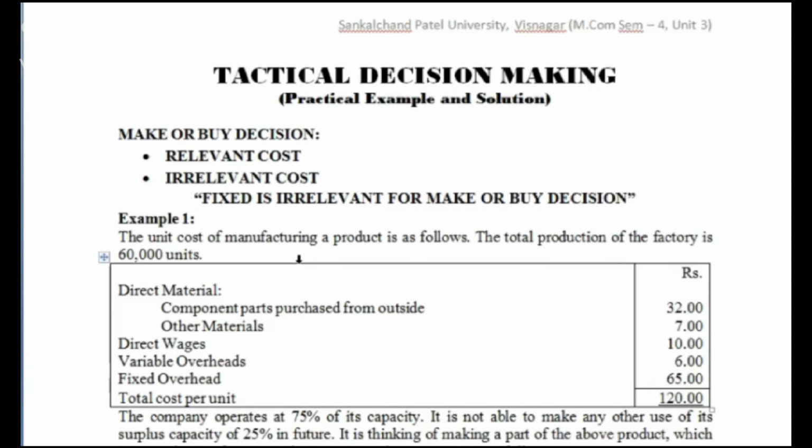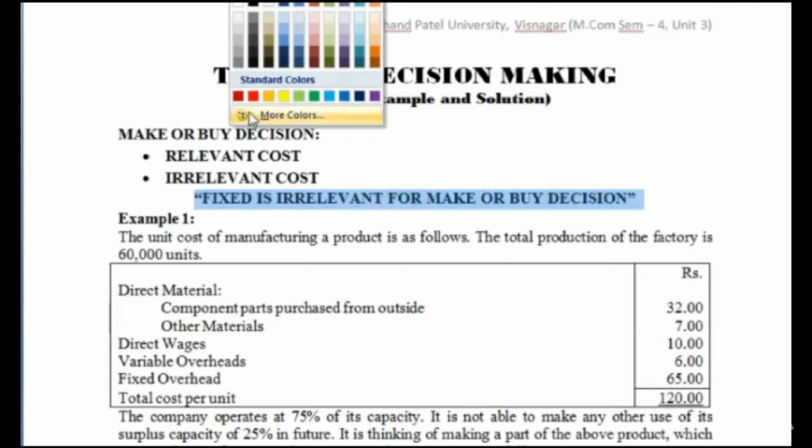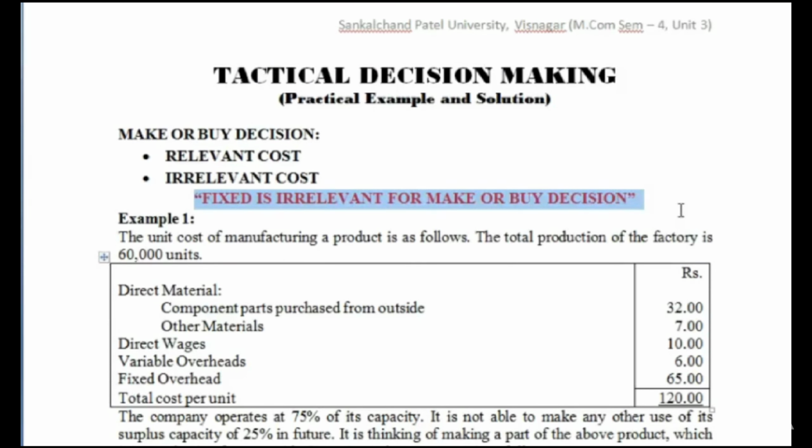Once paid, it is called a historical cost, and it does not affect your decision of manufacturing that component part in the factory. So in make or buy decision, this fixed cost is irrelevant cost. Must remember.